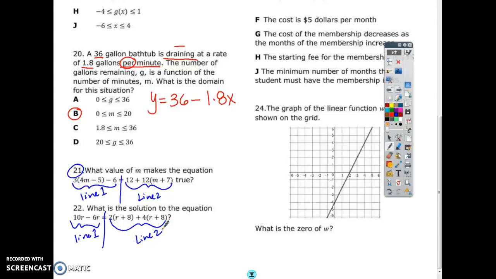No solution. That means one of these is going to have no solution because they're never going to cross. Okay? The other one does cross, and you need to tell me where it crosses. And because there's only M's on the equation or R's in the equation, those are your X's. That means I'm only looking for the X value, not the X and the Y. Just the X. Okay? So go ahead and do that if you haven't done it, and pause the video.